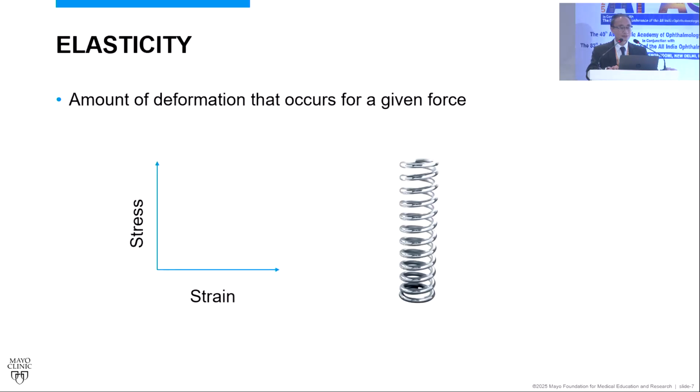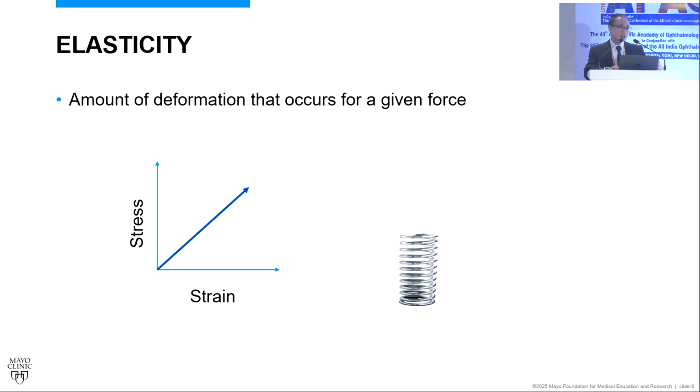And what's the difference? If you have something that's perfectly elastic, like a spring on a car, and you deform it, then the amount of stress for the amount of strain that you develop forms a straight line if you graph it. Stress is essentially the force that you're applying, and strain is the amount of deformation. If you release it, that perfectly elastic tissue goes back along exactly the same line.